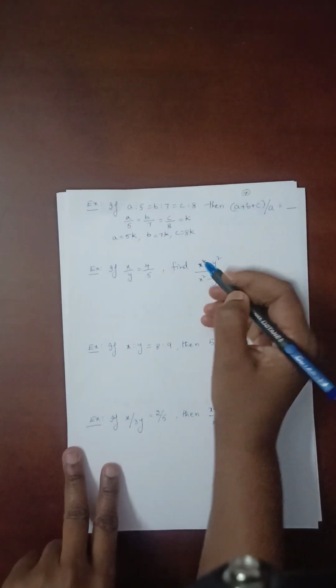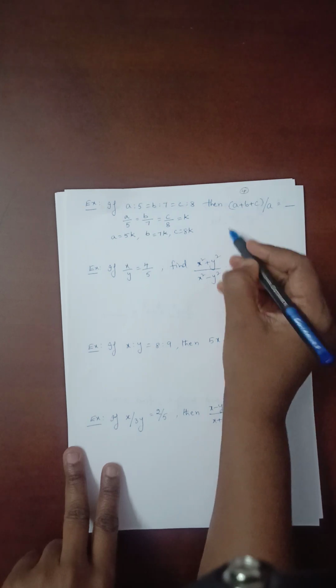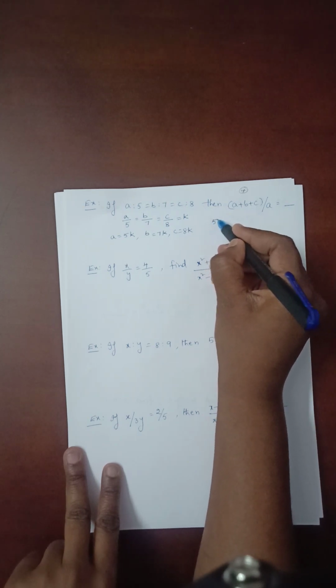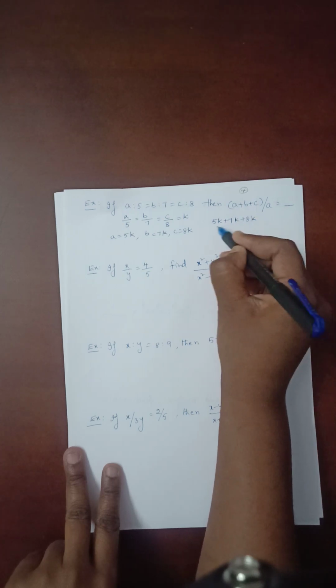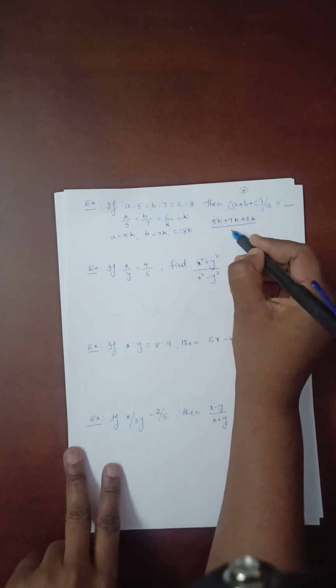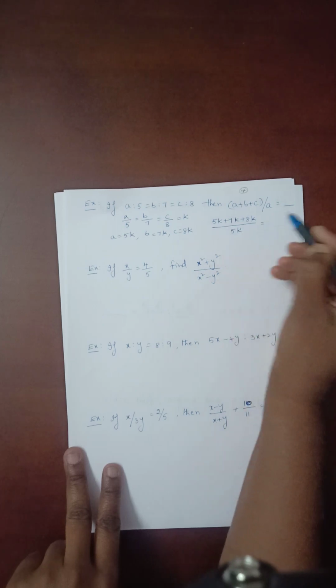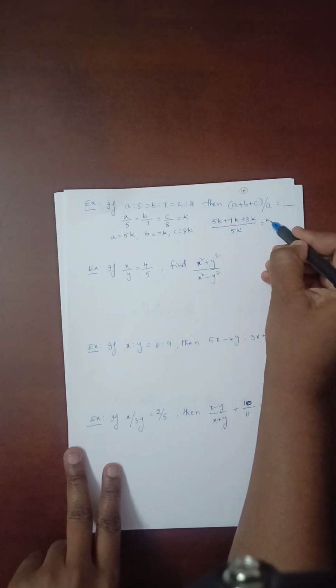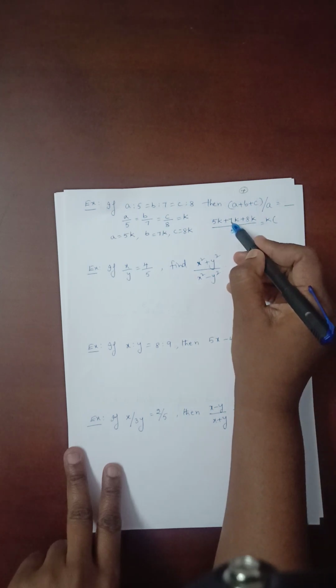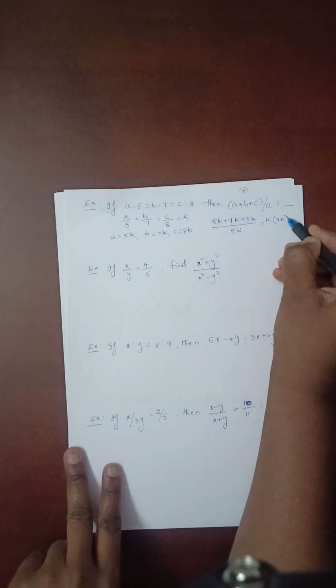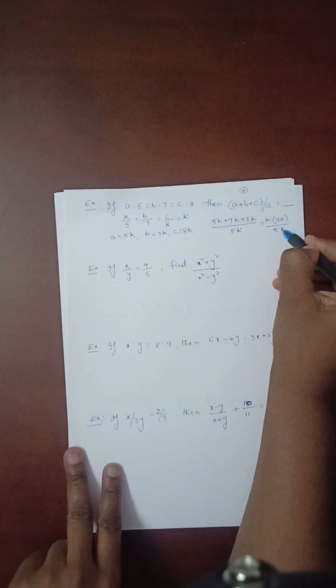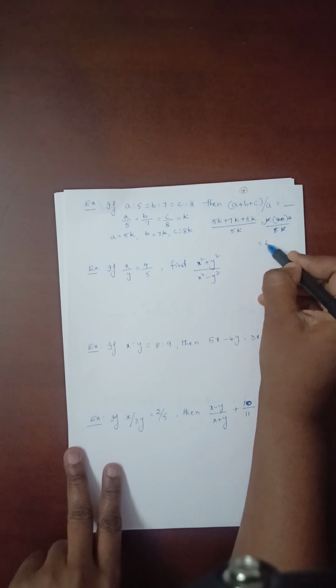Now we substitute the values there. A plus B plus C by A. A is 5k plus 7k plus 8k by 5k. That equal to, take k as common factor. 5 plus 7 is 12. 12 plus 8 is 20. 20 by 5k. k gets cancelled. 5 fours are 20.